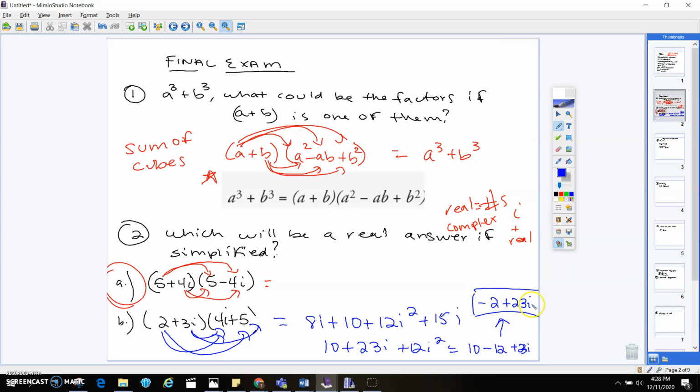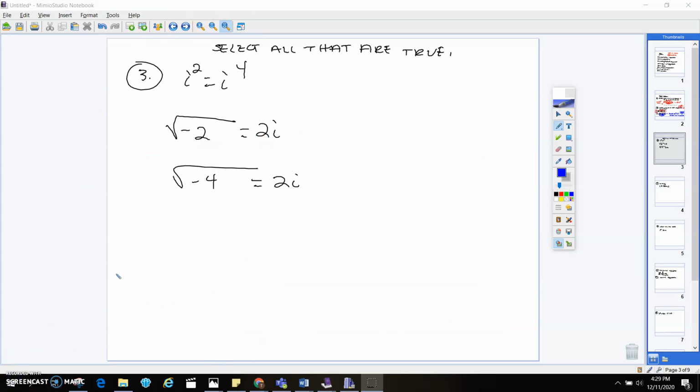Now, that is not real because it's got this imaginary part in here. Okay, so not real. So continuing with the complex numbers and imaginary numbers, we're going to select all that are true. So this says i squared equals i to the fourth. Okay, and a lot of us struggled with this on the test. So remember, i squared equals negative 1.